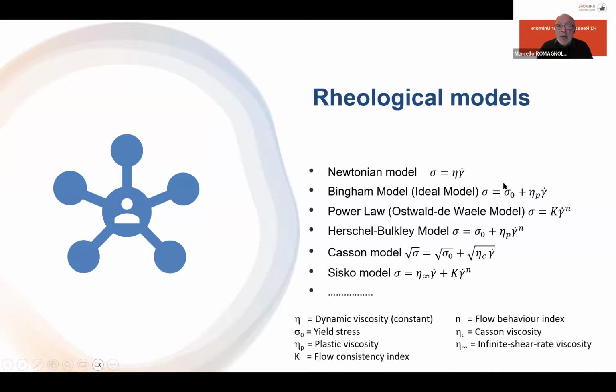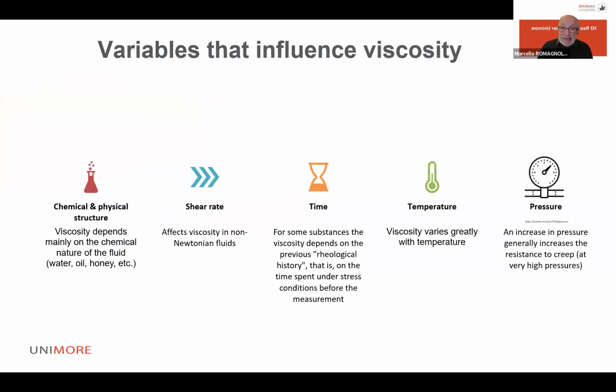And if we use the power law, this model is very good for shear thinning slurries, but probably the most used is the Herschel-Bulkley model, which introduces both the yield stress and also a non-linear flow. But we also have other models, and we can decide which is better for our experimental data.